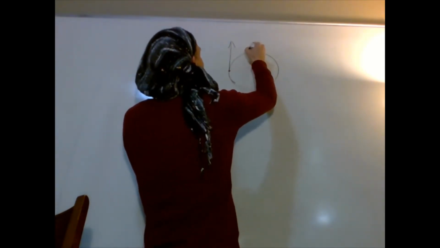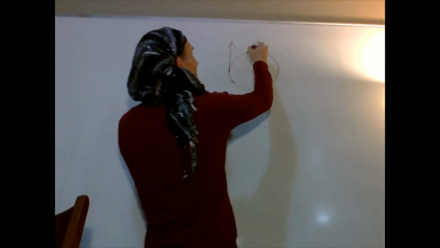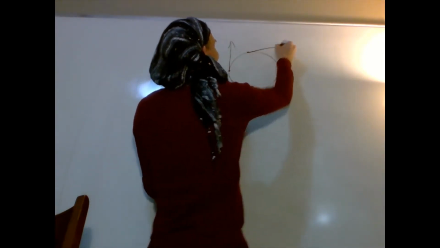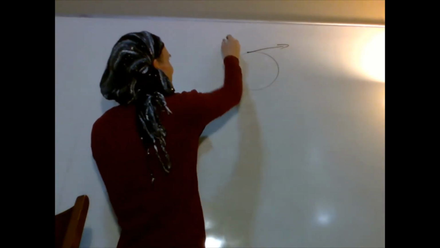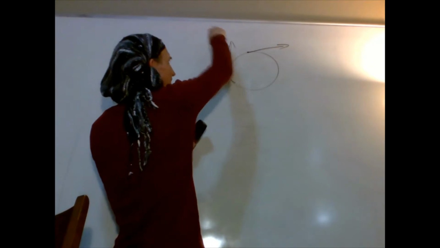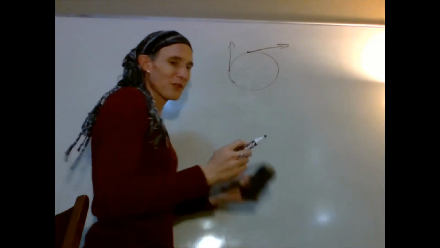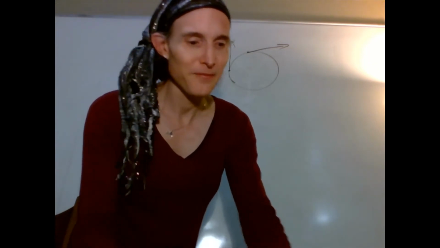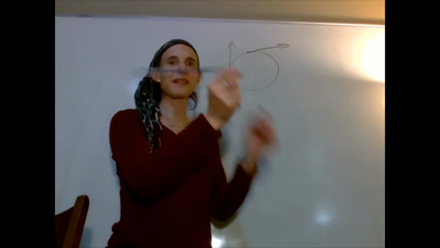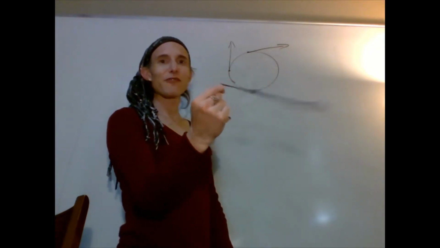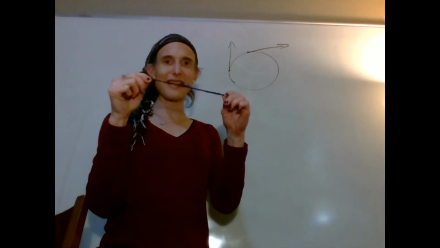So if the object were here and it were suddenly let go, then it would be moving in that direction. In order to make it not go this direction or that direction, I need a force pulling it back towards the center. So you can see that when you have, say, a rock on the end of a string and you twirl it in a circle, the force holding it in the circle comes from the tension in the string.